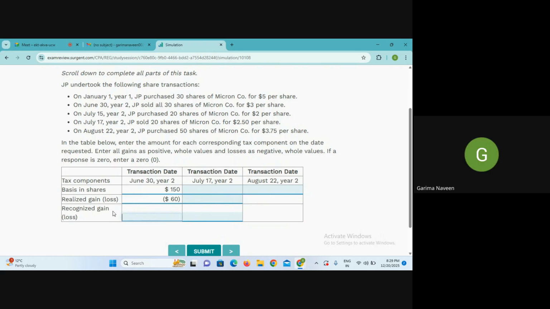But how much loss can you recognize? Can all the $60 be recognized, or is there some wash sale loss? Ma'am, within 61 days or something, it is for wash sale, right? It is for 30 days.